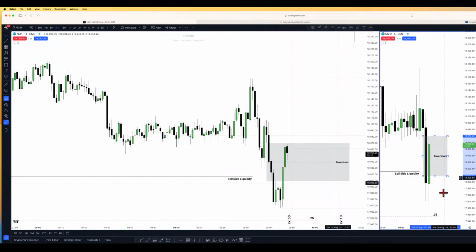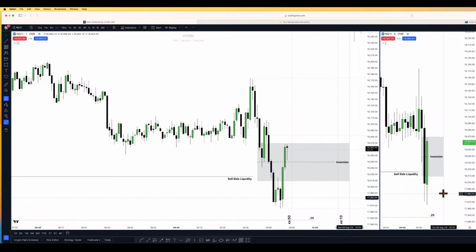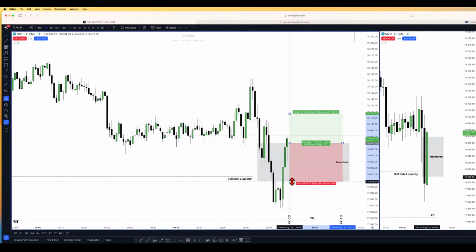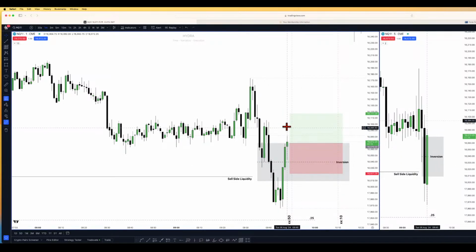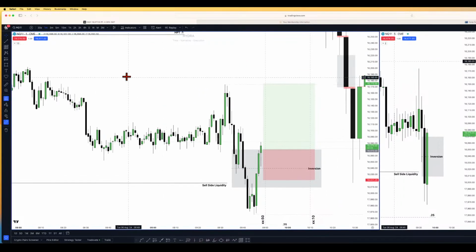Five-minute looks bullish. So that's what I'm thinking. The stop supposed to be here, and the high probability target gonna be this swing high.